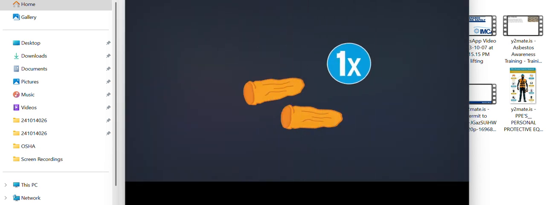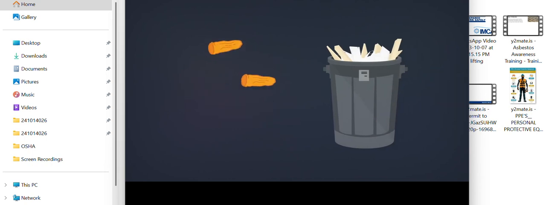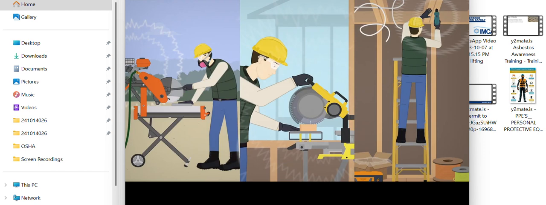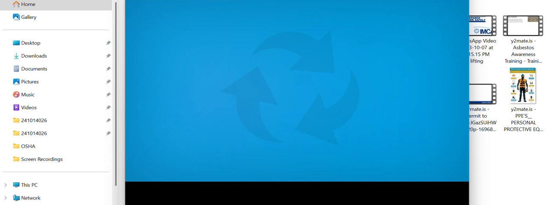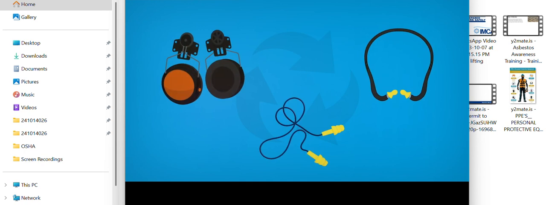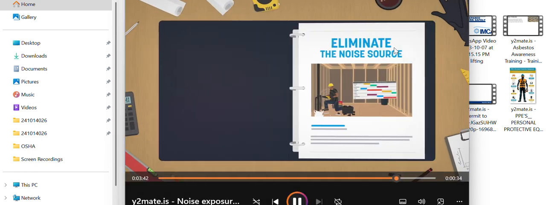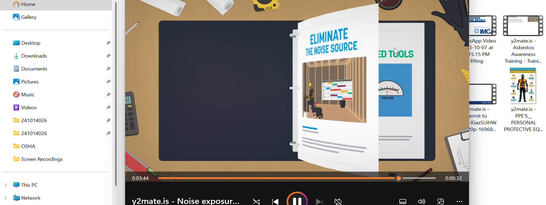Disposable earplugs are single use only. They must be thrown away after each use. So, if you need to wear hearing protectors often, it's considerably more convenient to wear reusable earmuffs or earplugs. Choose the type that's most comfortable and easy for you to wear. In short, the best way to protect yourself is to eliminate the noise source.